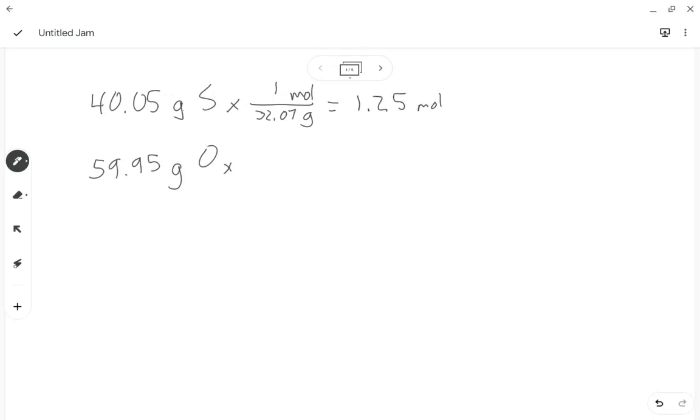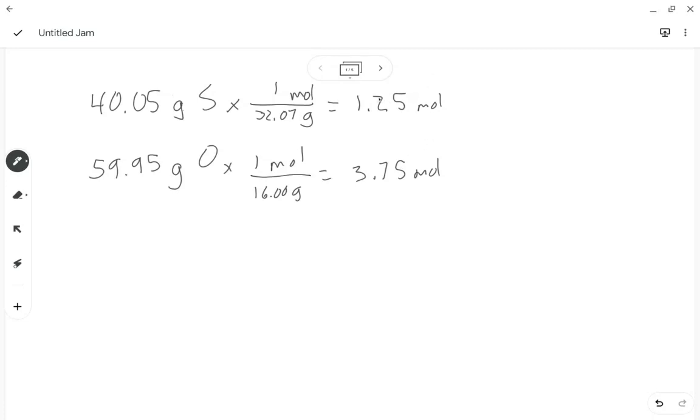And then we do the same thing with the oxygen. Its mass on the periodic table is 16 grams per mole. So do a little bit of quick math and we get 3.75 moles.